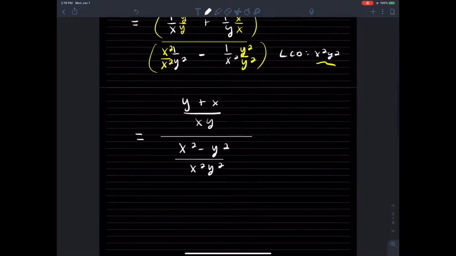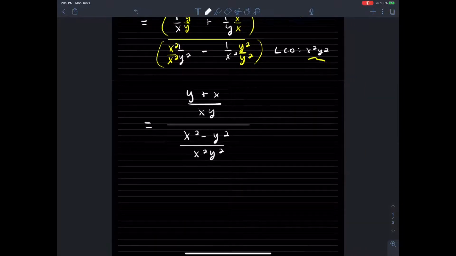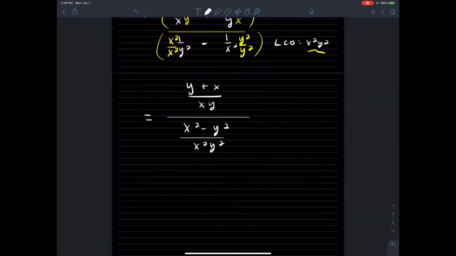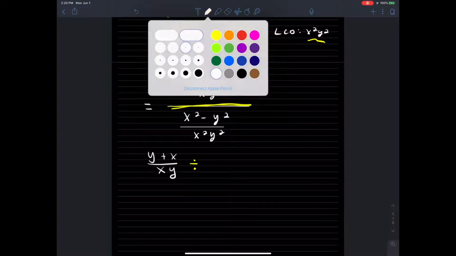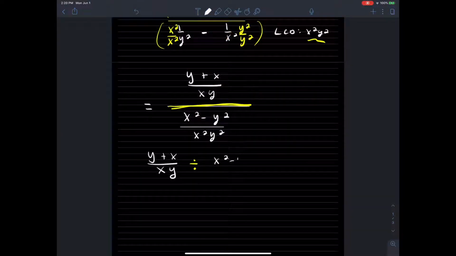And now that we've got one fraction up here, one fraction down here, we're able to flip and multiply because we'll have a reciprocal. So we're going to do that, y plus x over xy. This fraction line is going to become divide, and I copy the bottom.